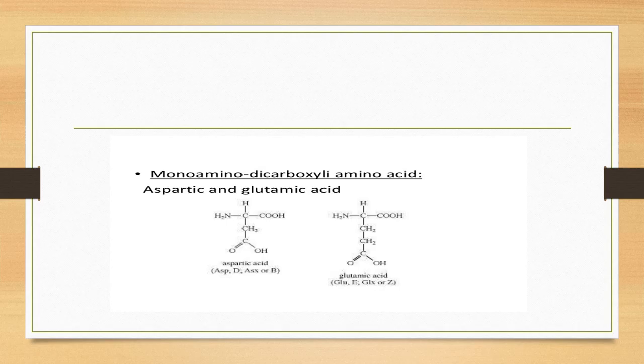Sometimes there is just one NH2 group, like on the screen, one side of the carbon is occupied by hydrogen, but on the other side R is also replaced with COOH. The kind is different, so it is called a monoamino dicarboxylic amino acid. So this is all about the classification of amino acids.